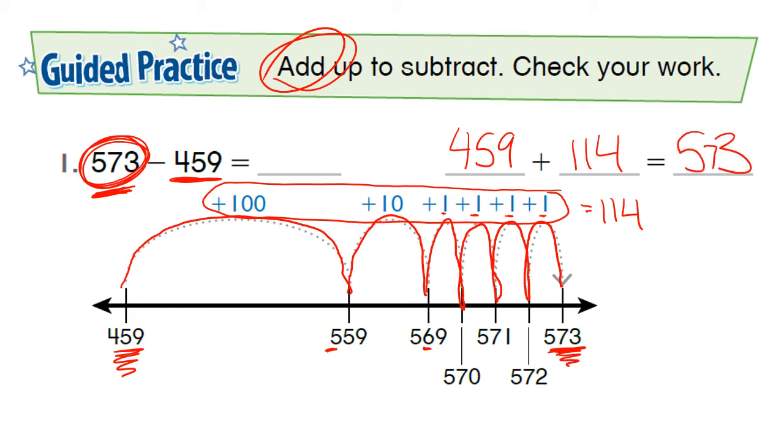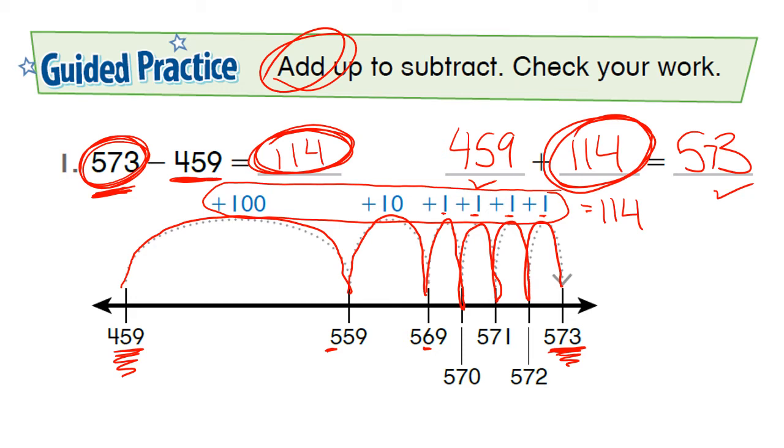So 459 plus 114 equals 573. But that's not really what we're looking for. We're looking to know what this is. We have it in here somewhere. 573 minus 459. 573, 459. The only number that we have left is 114. So 573 minus 459 is equal to 114.